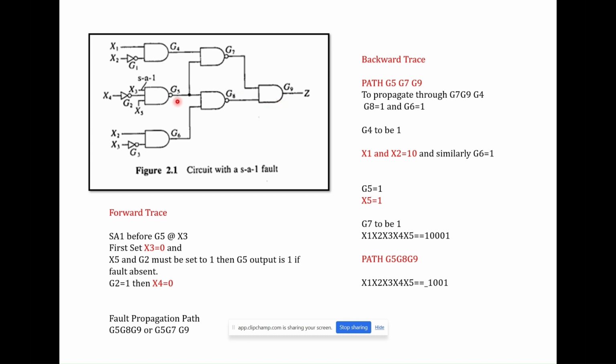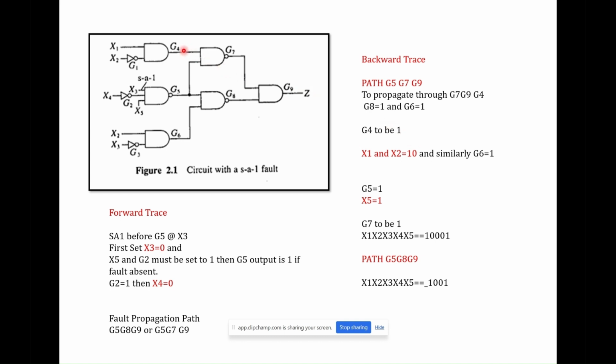How these are going to affect the identification of the fault location is the matter. So what we do is we backtrace and find the value of each and every gate. To propagate through G7, G9 and G4, G7, G4 should be made as 1.